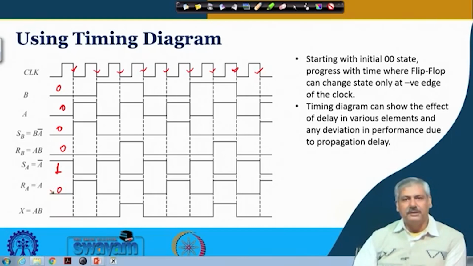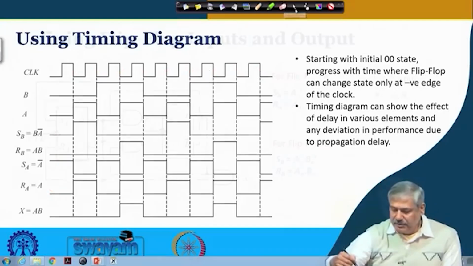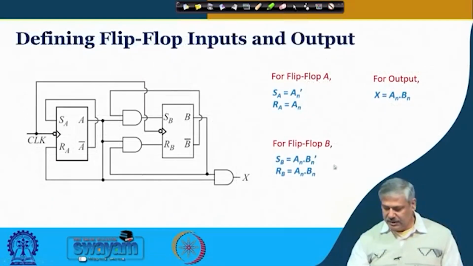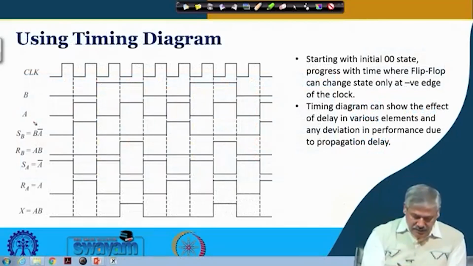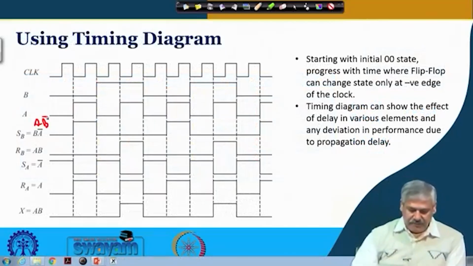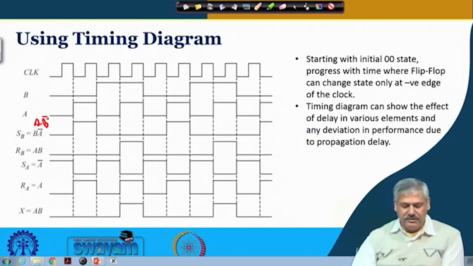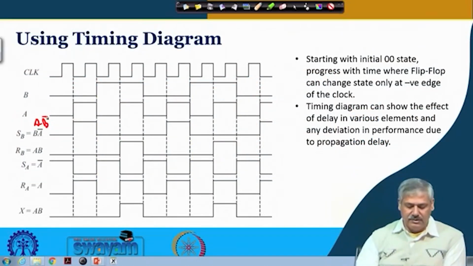Is it fine? So, this is what we can see from the previous circuit. Here it is AB prime, this is SB is AB prime. So, there is a mistake, we have to please look at it.